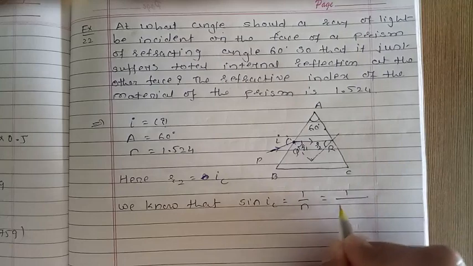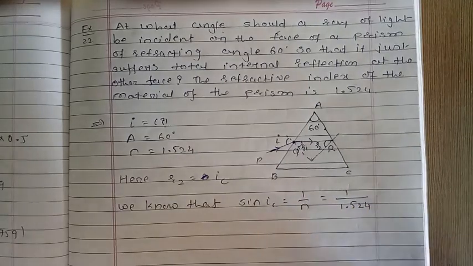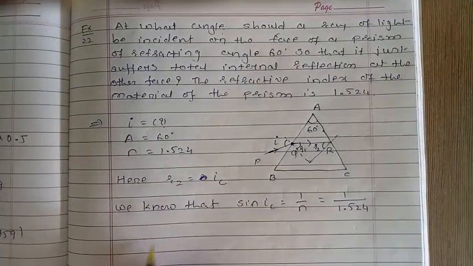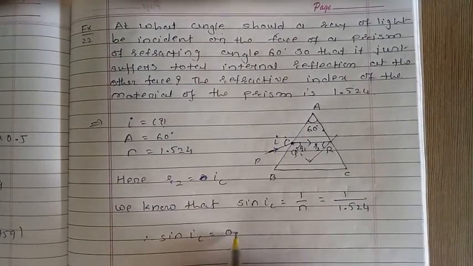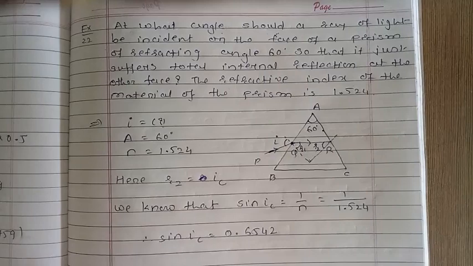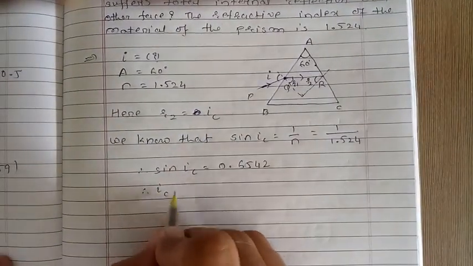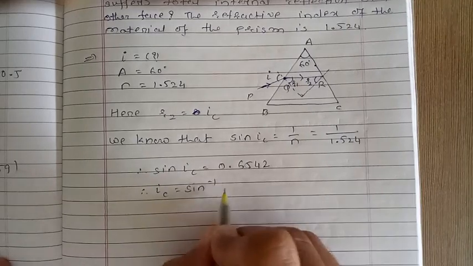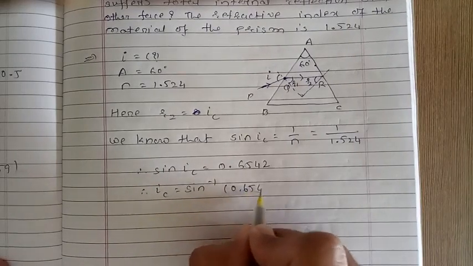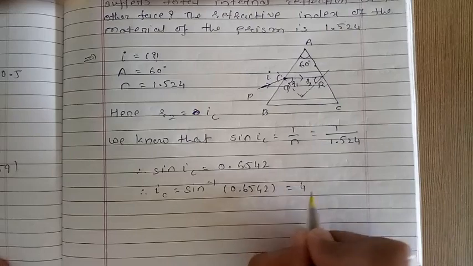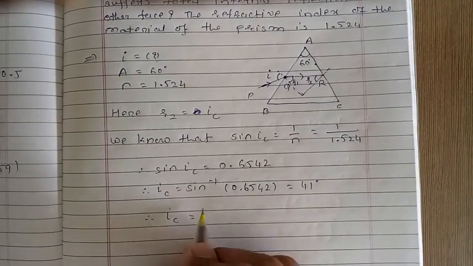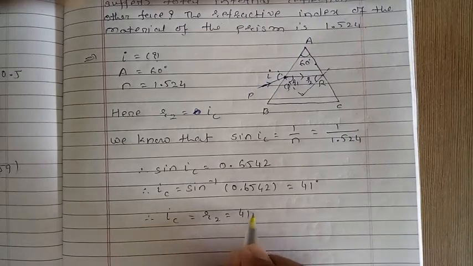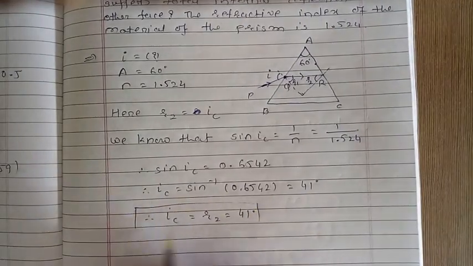So 1 upon 1.524 gives sin IC equal to 0.6542. So IC is equal to sin inverse of 0.6542, which is around 41 degrees. So IC, that is R2, is equal to 41 degrees.